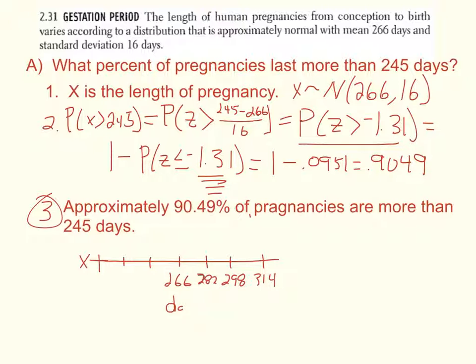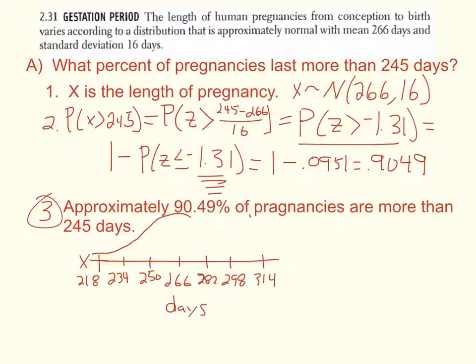This represents the number of days. Go in the other direction, this is 250, that's one standard deviation below, and 234 would be two standard deviations below. 218 would then be three standard deviations below.